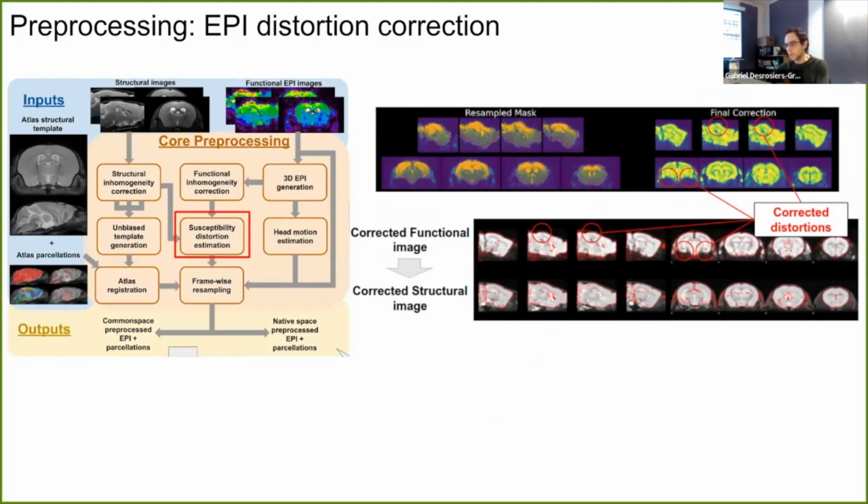Since when you acquire a raw EPI scan, there's going to be some anatomical distortions, such as these that I'm highlighting there. And to recover the proper geometry of the brain, you want to do a nonlinear registration of your functional image onto the structural image from the same session. So this is a registration that happens within subject within the same scanning session.